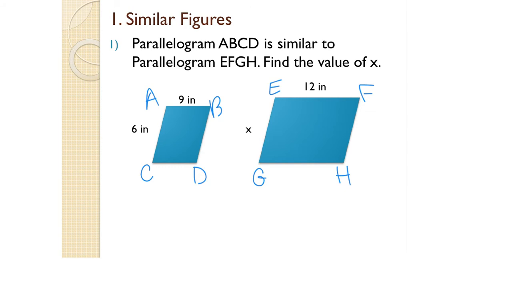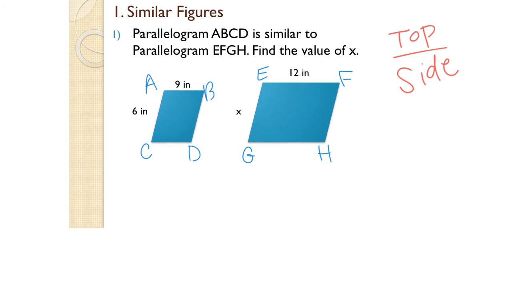So the model that we're going to use is top over side, okay? And of course, we always start with what we're given. So let's look at the parallelogram that we were actually given measurements for. The top of the parallelogram is 9. The side is 6. The top of the other parallelogram is 12, and the side is x.